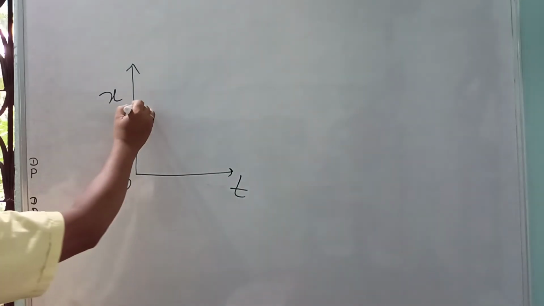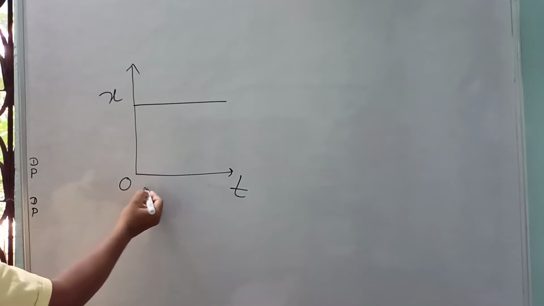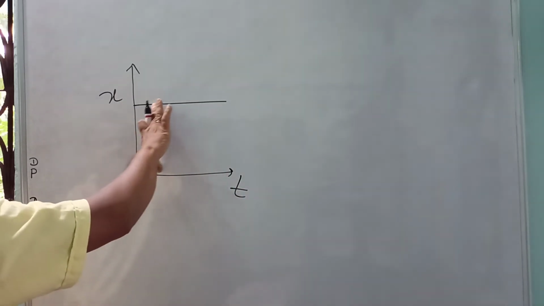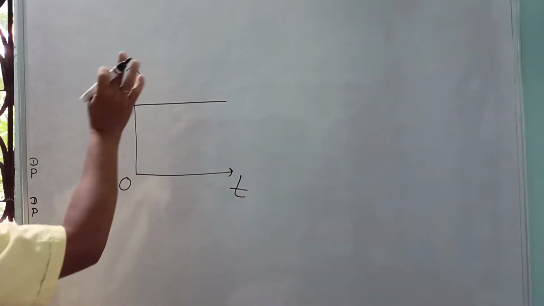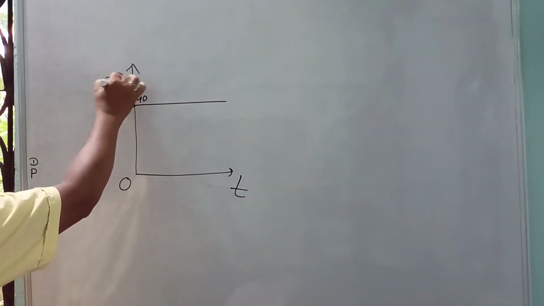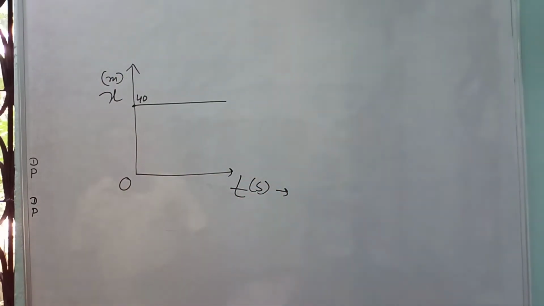If the graph is like that, what does it mean? Time is increasing but x is constant. x is not changing. Suppose this point is 40 meter. In 1 second, x is equal to 40 meter. In 2 seconds, x is 40 meter.